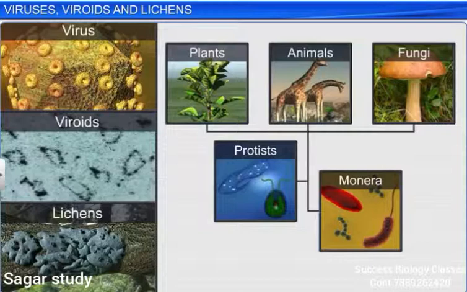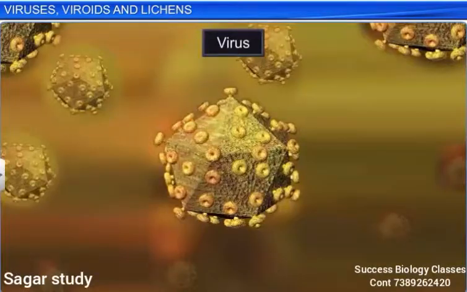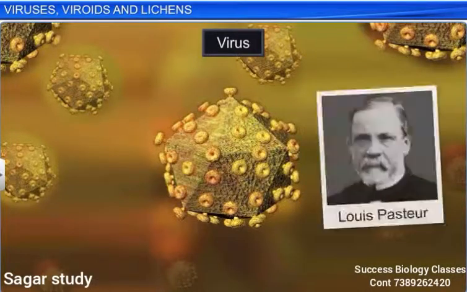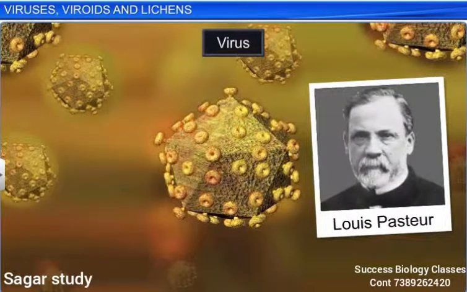Since only organisms with cell structures were regarded as living, they were not included in the classification because they were not considered true living beings. Viruses are non-cellular organisms that possess an inert, crystalline structure outside their living cell. The name virus was coined by Louis Pasteur. The word virus means venom.